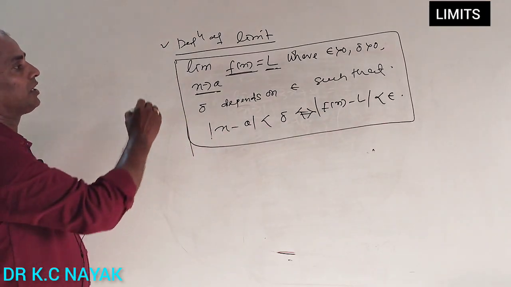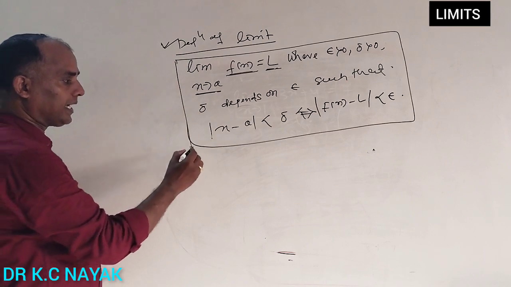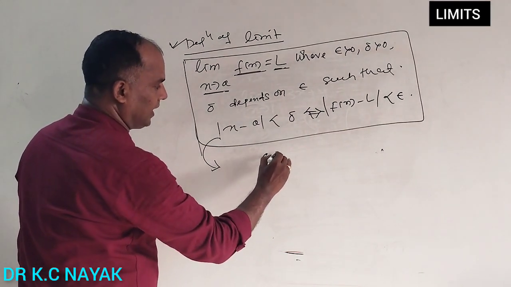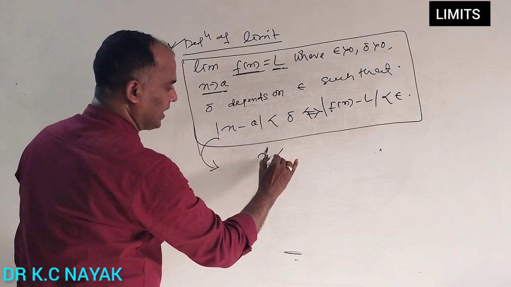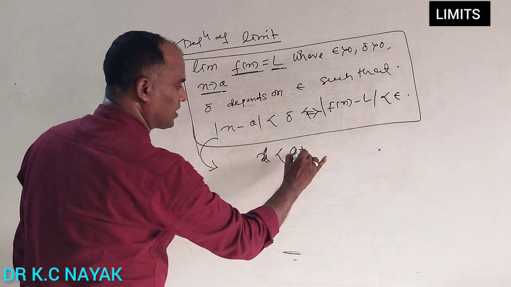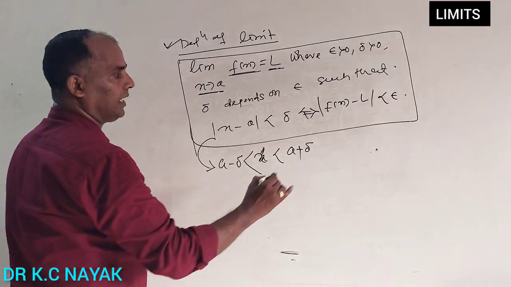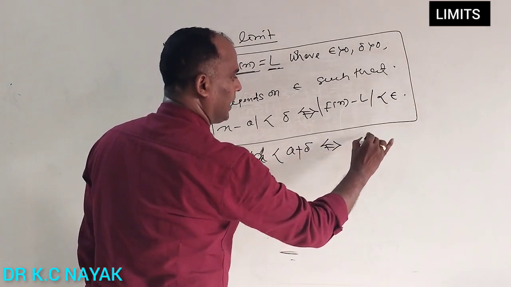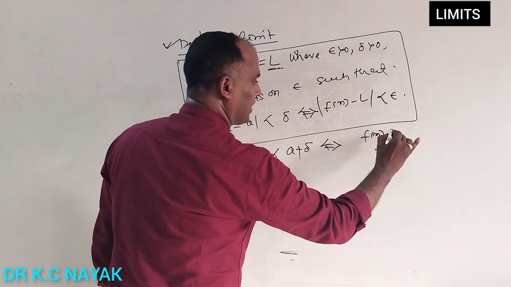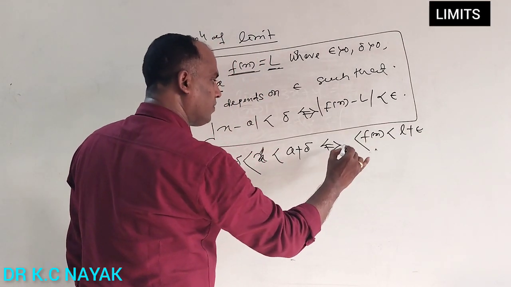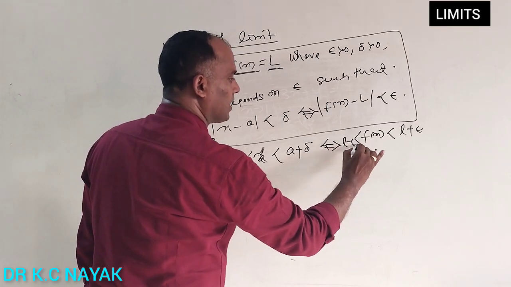That is the definition of a limit. Again, we also generalize this concept: x is less than a plus delta and greater than a minus delta implies f of x is less than L plus epsilon and greater than L minus epsilon.